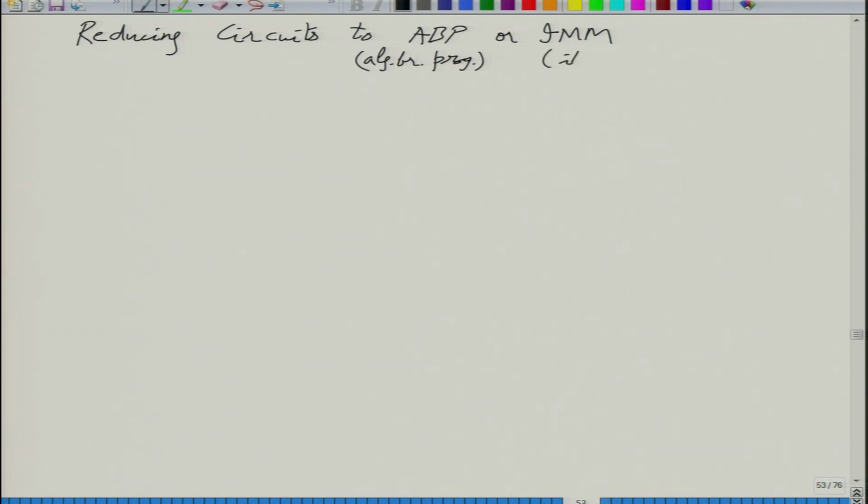So reducing circuits to ABPs or IMMs, algebraic branching programs, which is the same as iterated matrix multiplication.